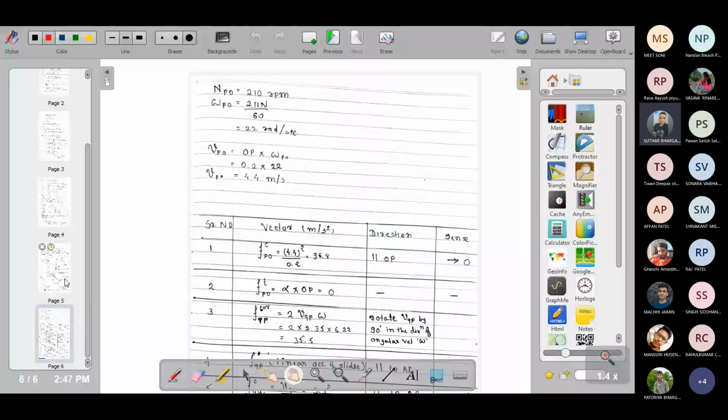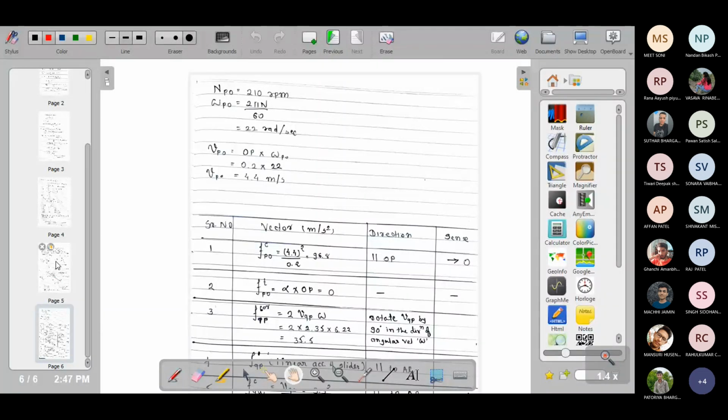Yes, sir. I think I have made a mistake here. It should not be 210, it is 120 only. So if I put 120 here, this is 6.22. So it is 2 omega V. So this component it is the Coriolis component.